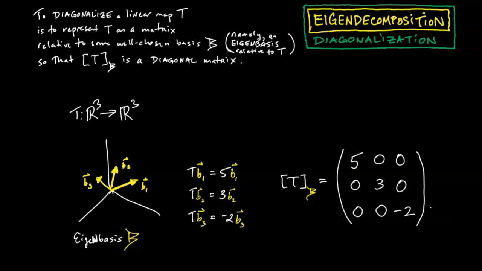And thinking about the map relative to this eigenbasis shows us the essence of the map itself, because, as we saw last time, each one of these eigenvectors in the eigenbasis lies in an eigenspace, and every vector in each eigenspace is an eigenvector with the same eigenvalue.